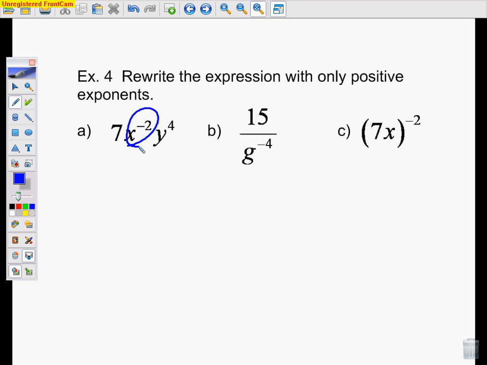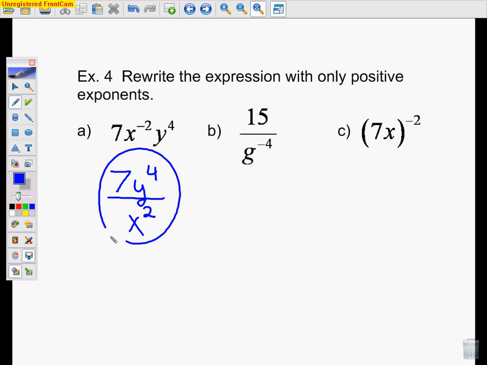The 7 and the y to the fourth both have positive exponents. So the 7 is going to stay on the top. The y to the fourth is going to stay on the top. But the x to the negative second, this has to move to the bottom. And then the exponent becomes positive. So that's our final answer for that one.